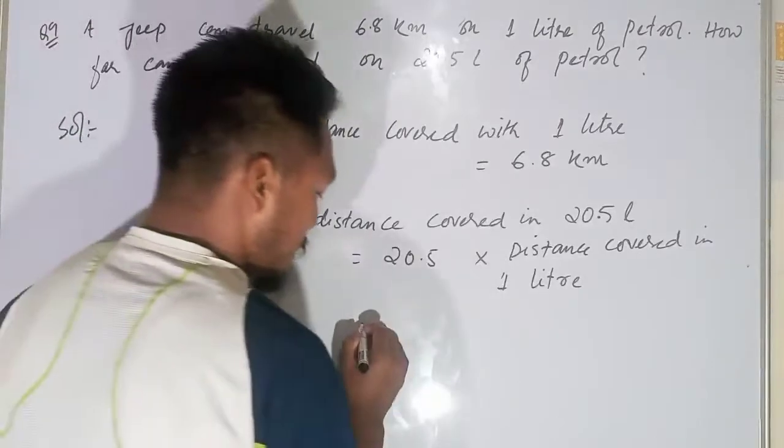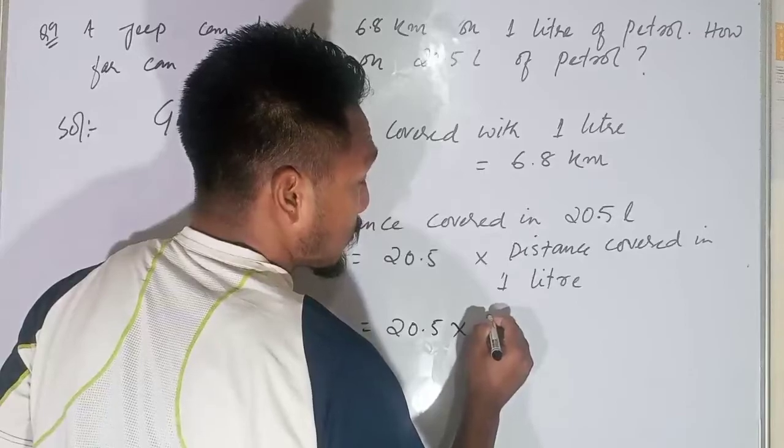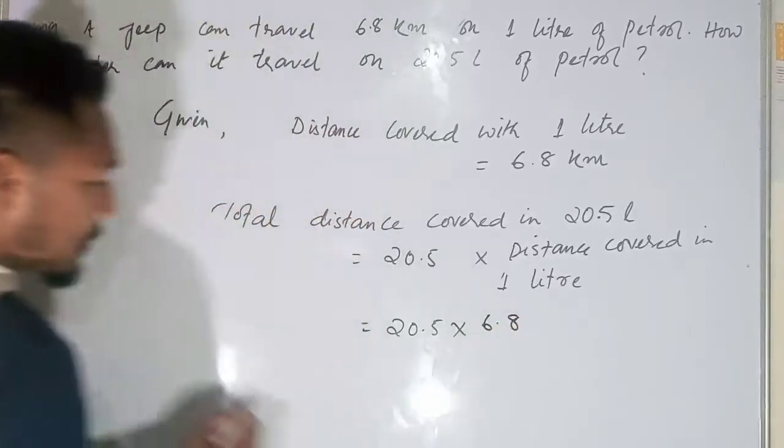So what do you see here? 20.5 into 6.8. So multiply this.